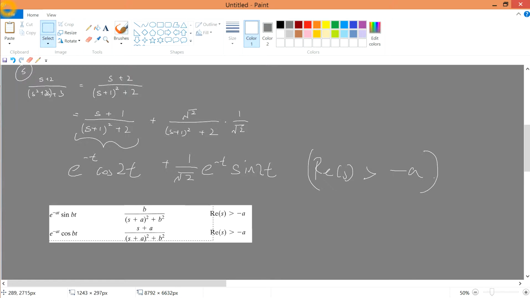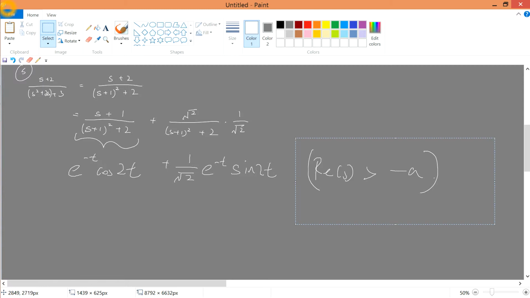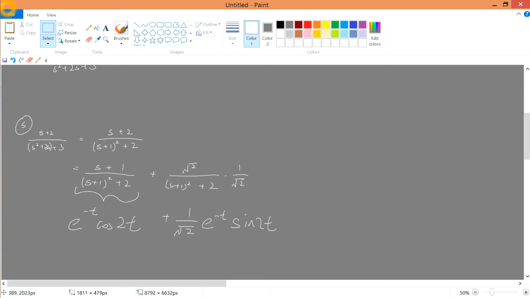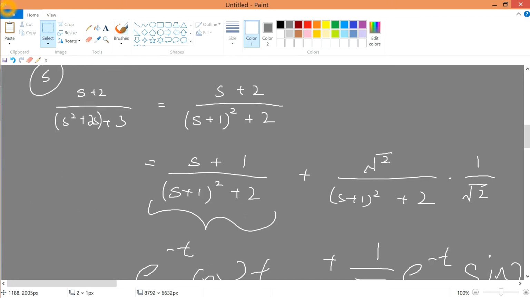The key takeaway of this type of question, especially these two types of questions, is to know how to set the objective, how to rearrange the coefficients, and how to know that s plus 1 plus 1 is equal to s plus 2 type of thing.